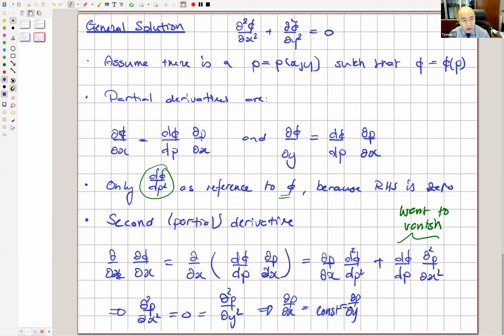And so here, if partial p partial x and partial p partial y each equal a constant, we end up with something that looks like p equals ax plus by. Okay, I hope that is clear.